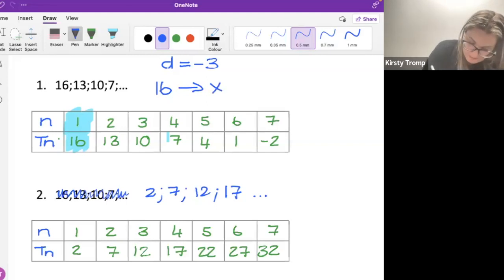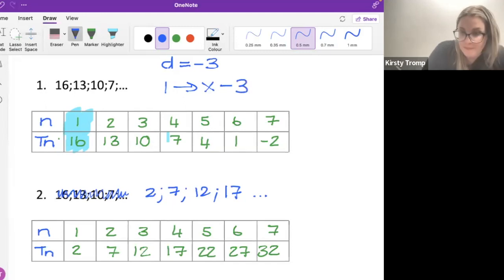Oh, sorry. Apologies, guys. Start again. So I'm saying to myself, I'm starting with 1. So we start with 1. What am I going to do with 1? I'm going to multiply first. And what am I always going to multiply by? I'm going to multiply by my difference, -3.